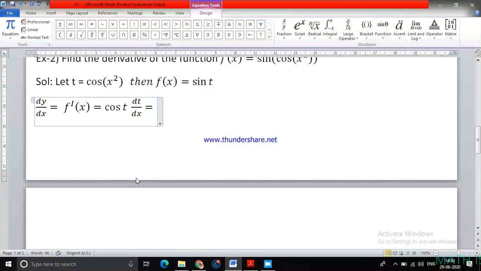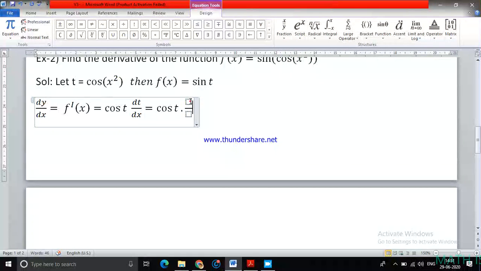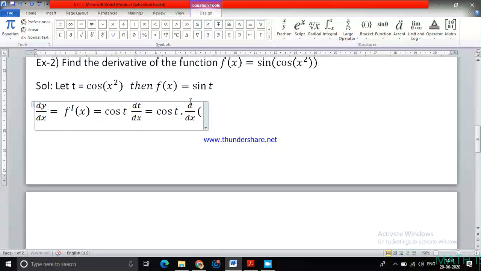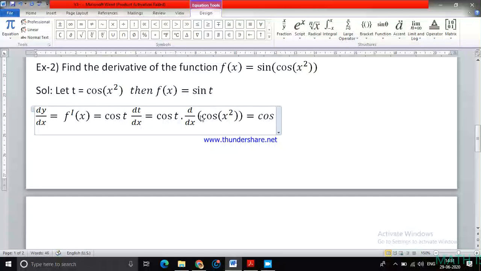Next step, which is equals to cos t into d by dx of, now replace the t value. What is the t value? I have assumed here cos x square. So here I will replace the t value as the derivative of cos x square, which is equals to, here you will have cos t still remain as it is, into, now the derivative of cos is minus sin theta.